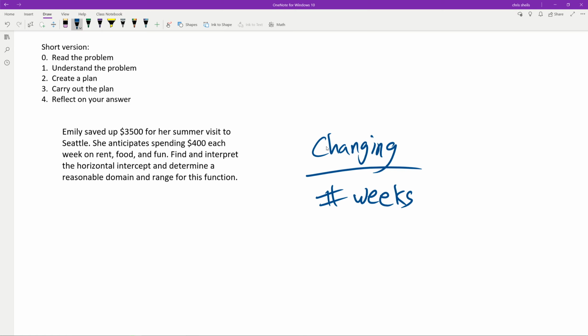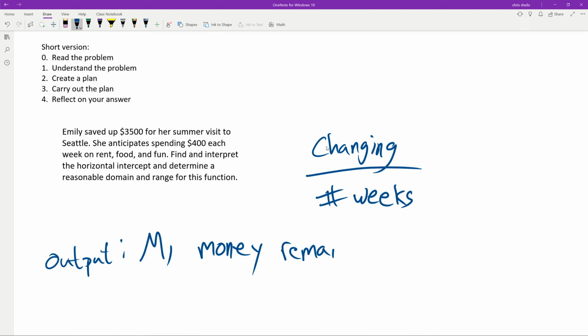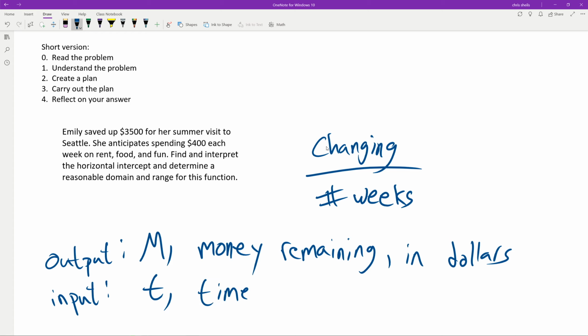Let's create some variables here, right? Let's say that our output here is M, capital M, for money remaining in dollars. Our input will be T, which will be time in weeks.